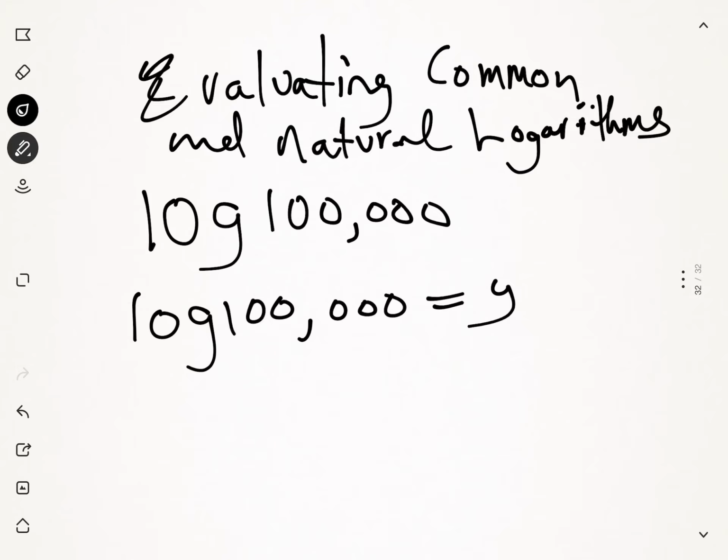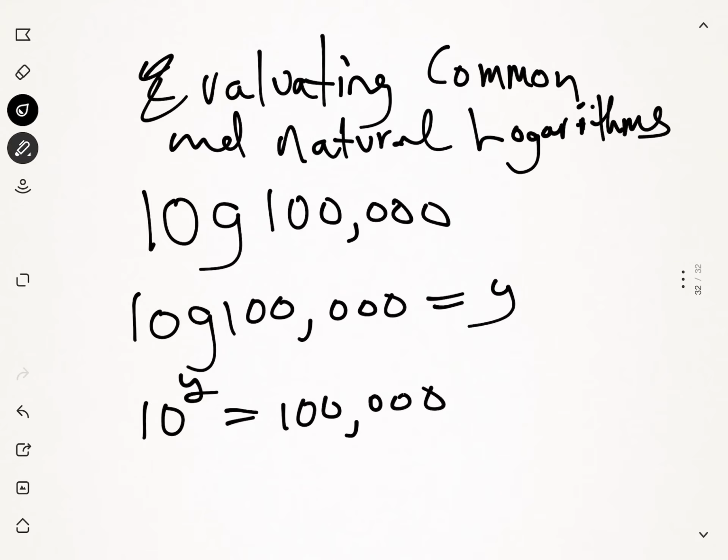Now, when we don't have any base, we're going to write it first in the exponential form. So I'm going to write 10 to the y equals 100,000. So you know what y has to be, 5.